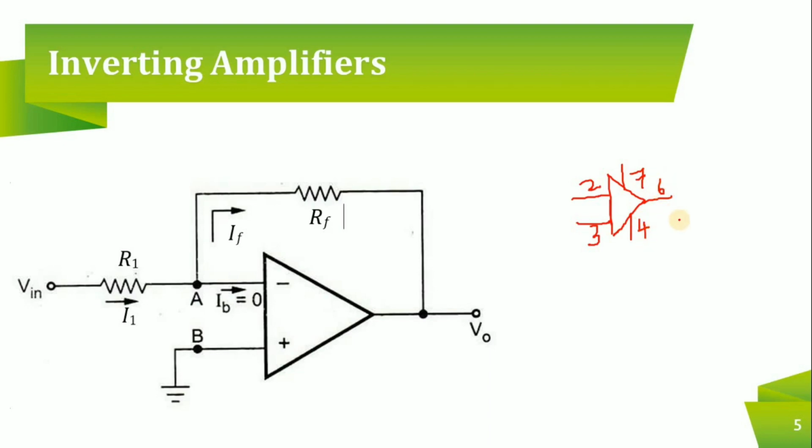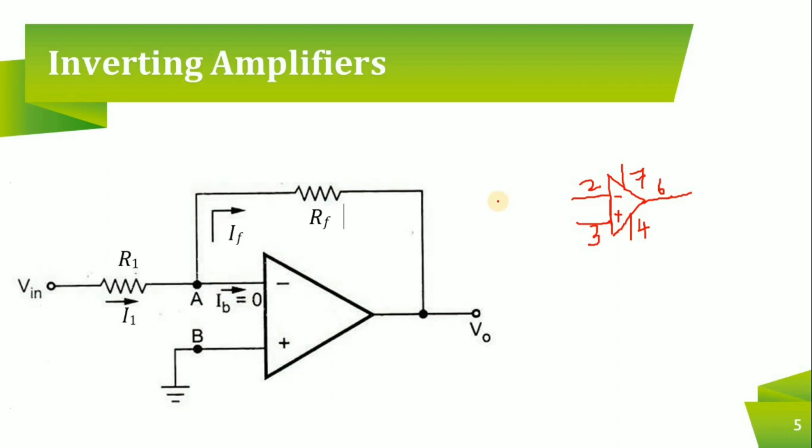I want everyone to take up a pen and paper and start writing with me. So I'll write an OpAmp. Here this is minus and this is plus, where plus is non-inverting input, minus is inverting input, and 7 is plus VCC, 3 is minus VCC.